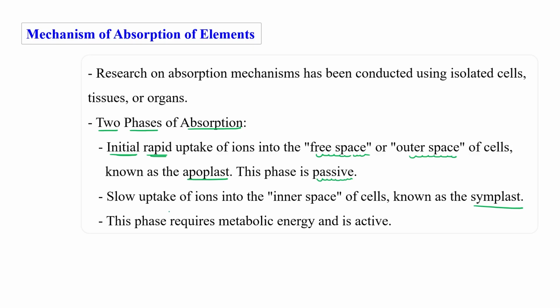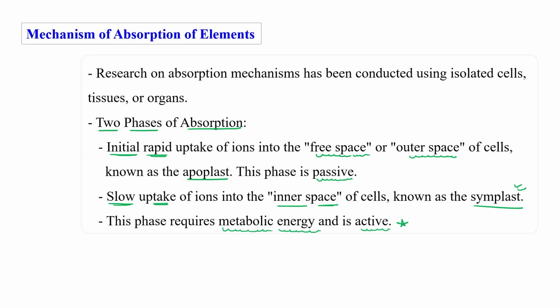After that there is a slow uptake of those ions into the inner space of the cell. This slow uptake is known as symplast, and this particular phase requires metabolic energy. That's why this phase is active.